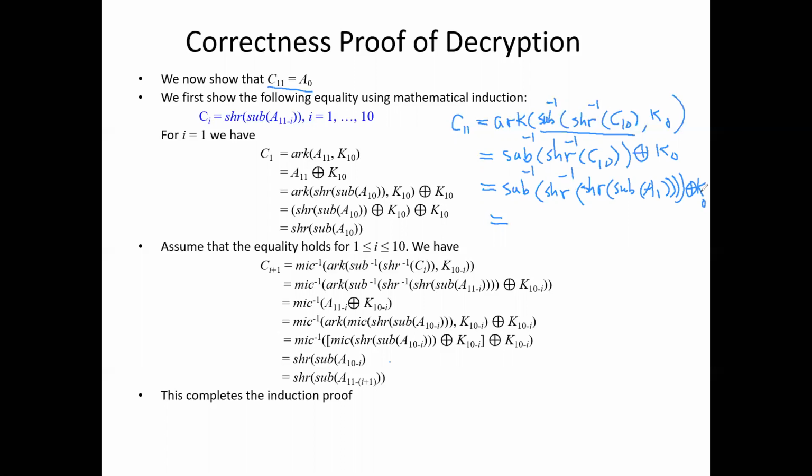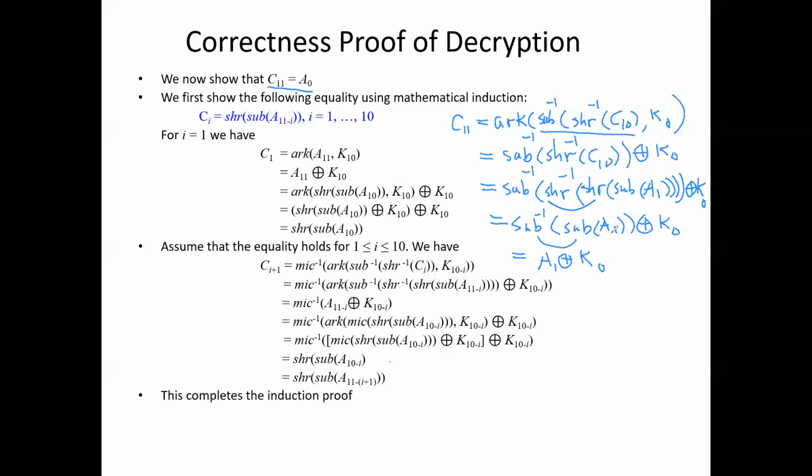Okay, so let's cancel each other. And then we got sub A sub 1. And let's cancel each other. So we got A sub 1, K0.